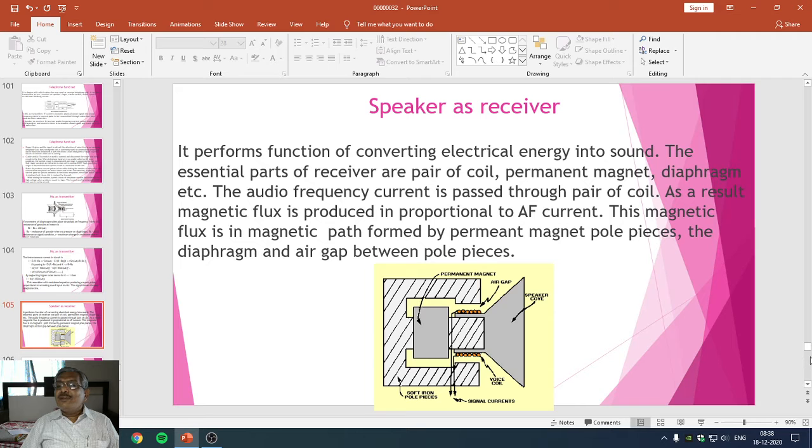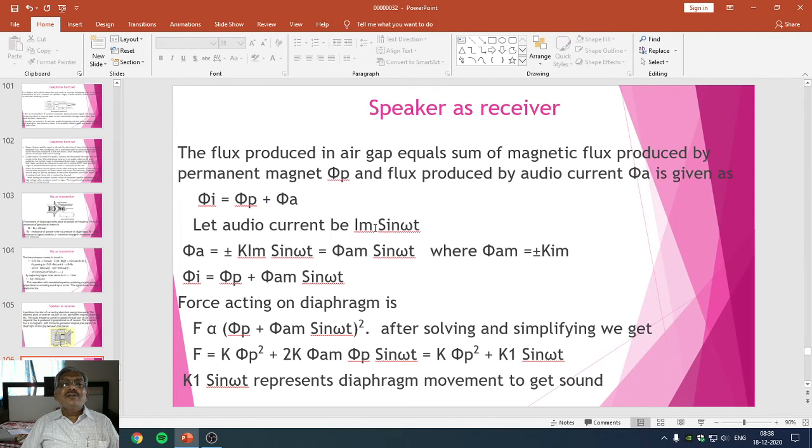So this generated magnetic field, the flux produced in the air gap, equals the sum of the magnetic flux produced by the permanent magnet, that is phi p, and the flux produced by the audio frequency current, that is phi a. It is given as instantaneous flux equals total flux equals phi p plus phi a. Let the audio current be Im.